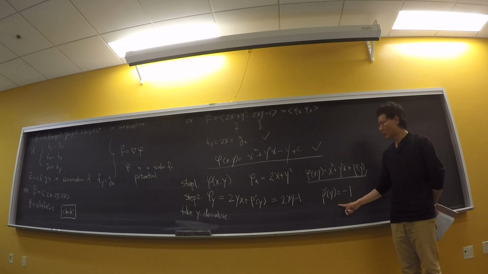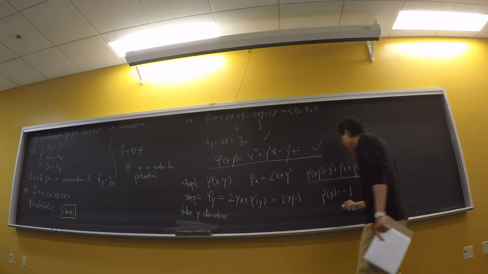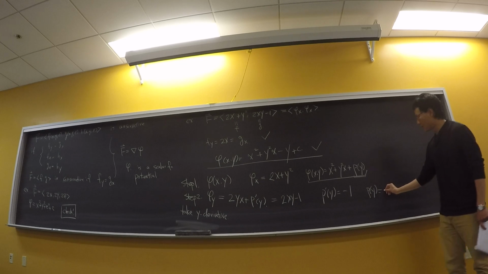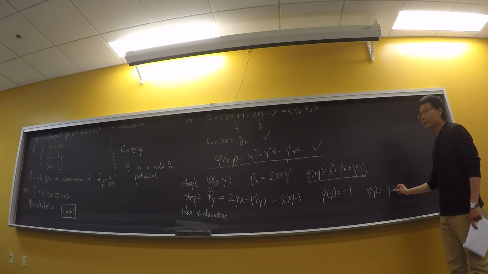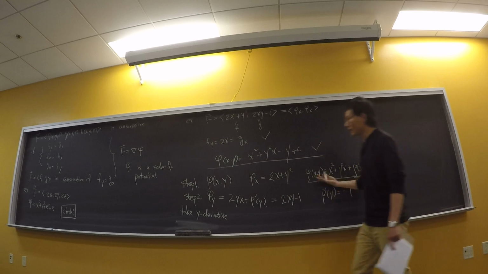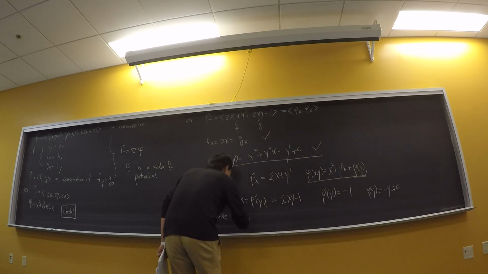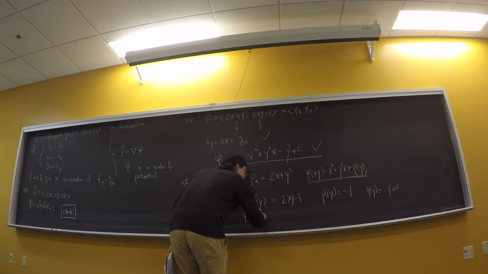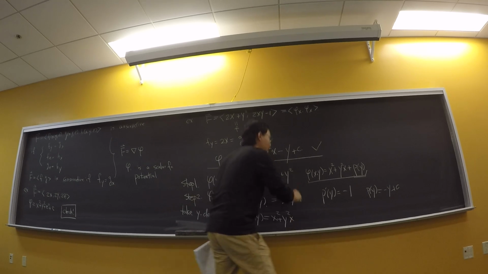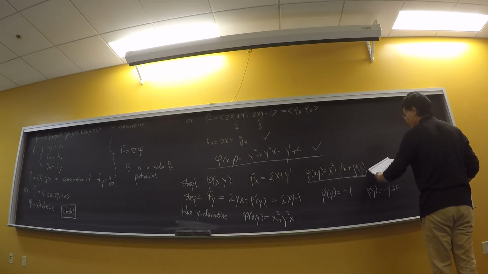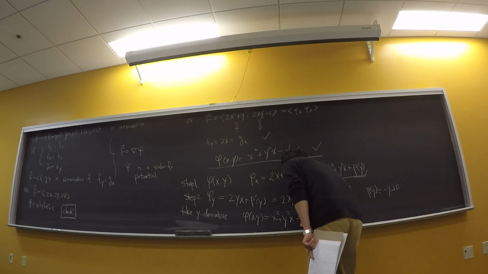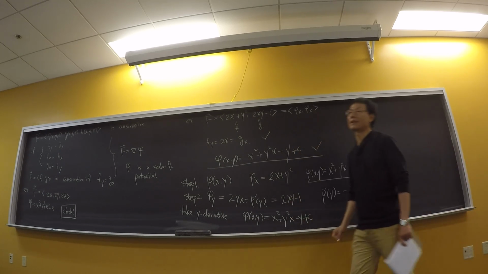So p of y has to be equal to minus y plus a constant. Putting these two steps together, phi(x,y) has to be equal to x squared plus y squared x plus p of y in the first step, but p of y is equal to minus y plus c in the second step. So this is going to be minus y plus c.